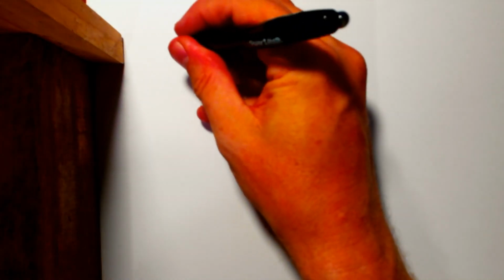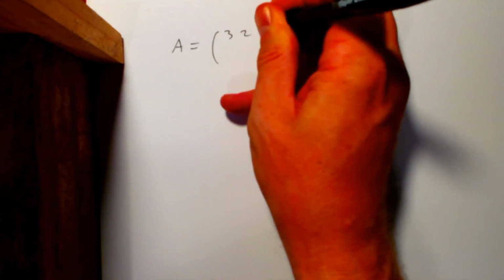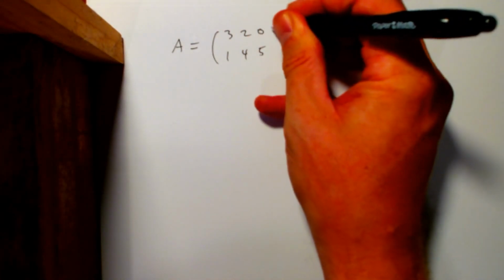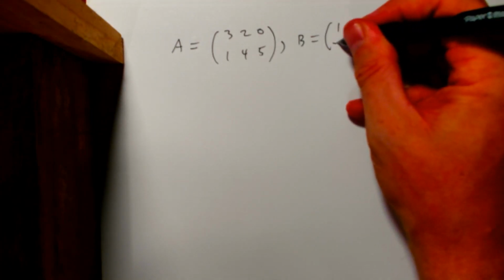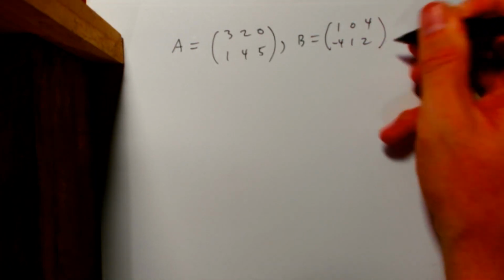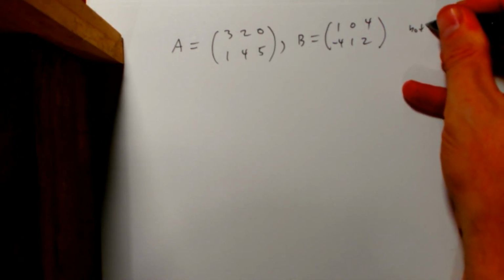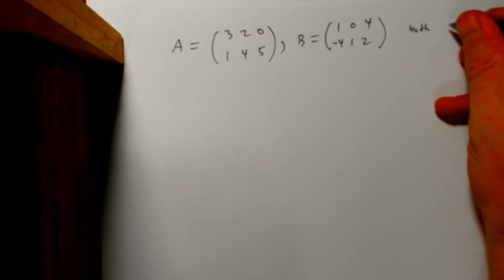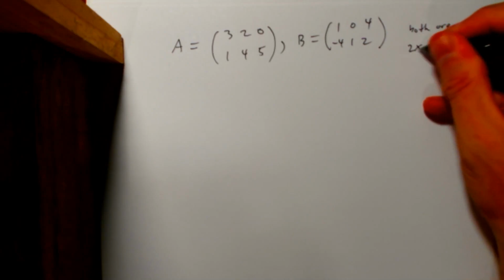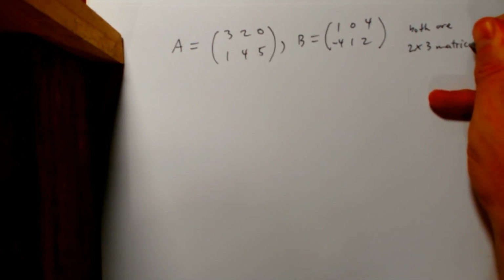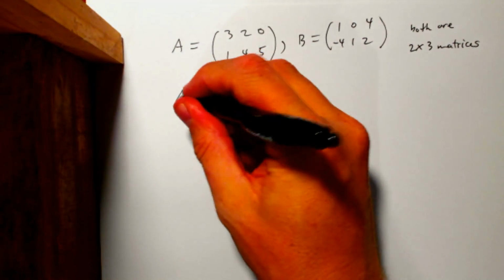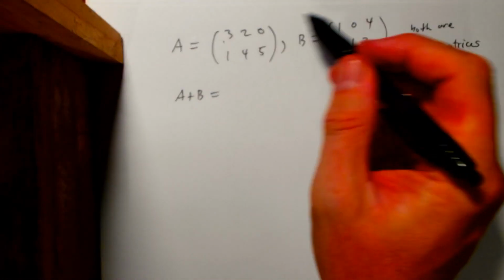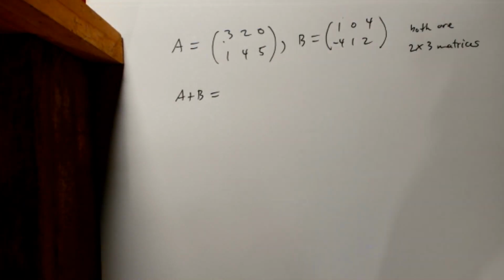Okay, in example 6.8 we've got A equal to [3 2 0; 1 4 5] and B equal to [1 0 4; -4 1 2]. Both have the same dimensions, 2 rows and 3 columns, so both are 2 by 3 matrices, and so the sum and difference are defined. For A plus B, we just add up the entries in the same row and same column.